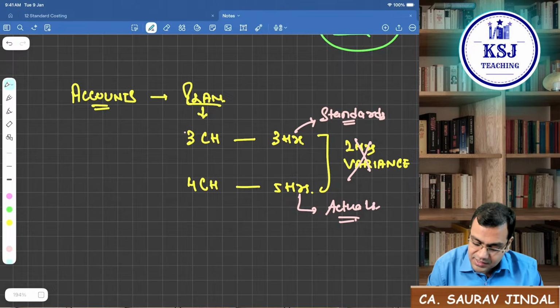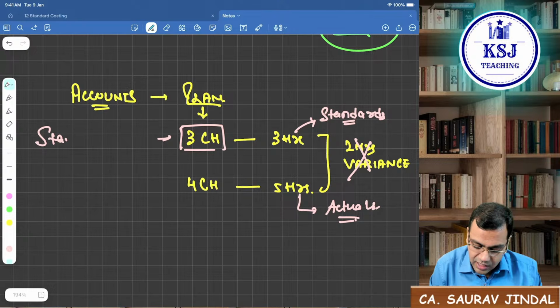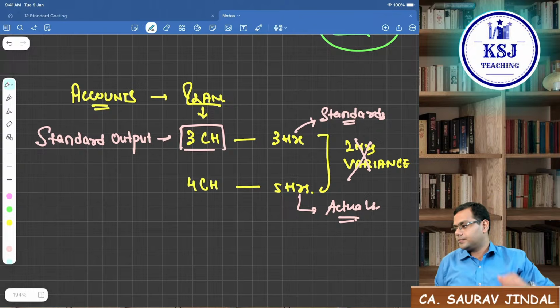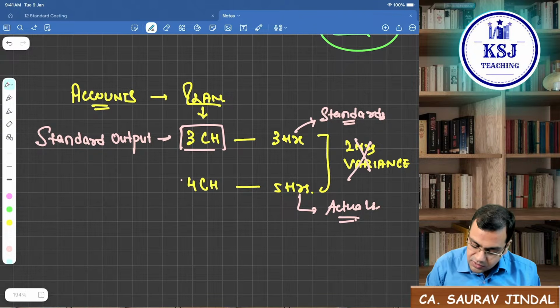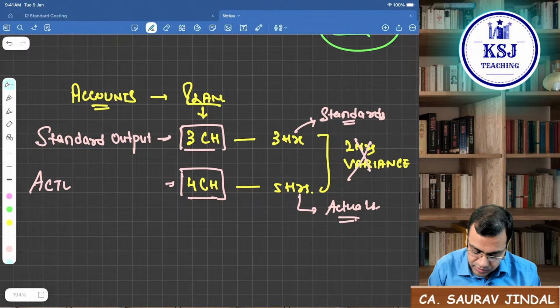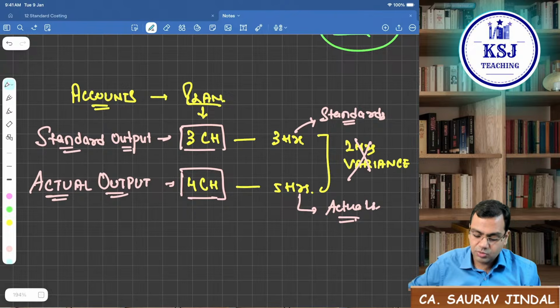So this 3 chapters is called standard output, and this 4 chapters is what we call actual output.